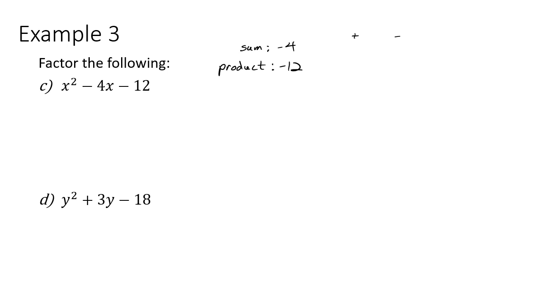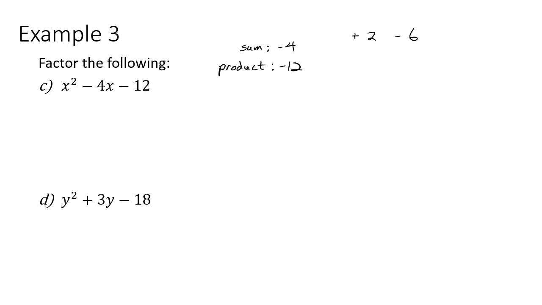We have a positive and a negative. And so that means this time around I'm looking for two things that multiply to give 12 and subtract to give 4. So that would be a 6 and a 2, but because the 4 is negative, I want my bigger number of 6 to be negative and my smaller number of 2 to be positive. So double check, multiply those together, you get negative 12. Add them, you get negative 4.